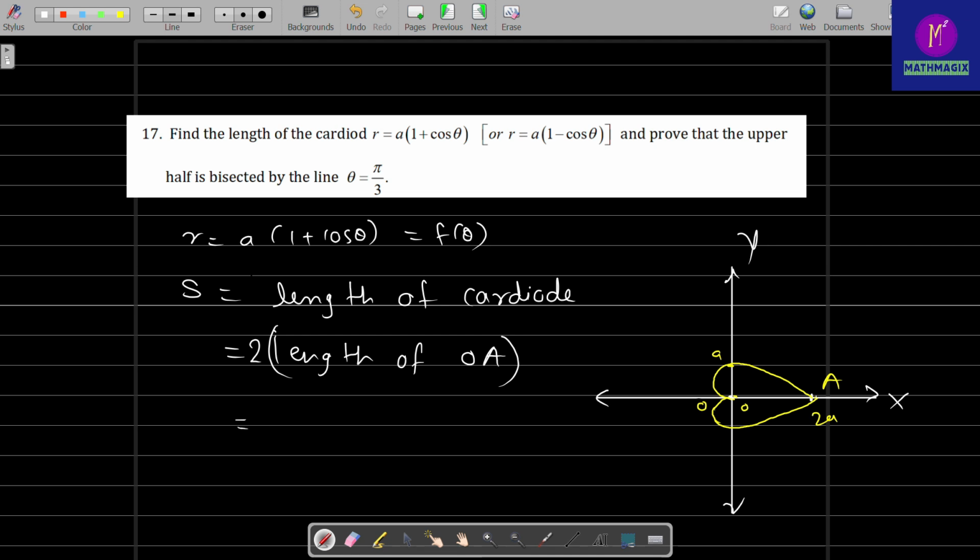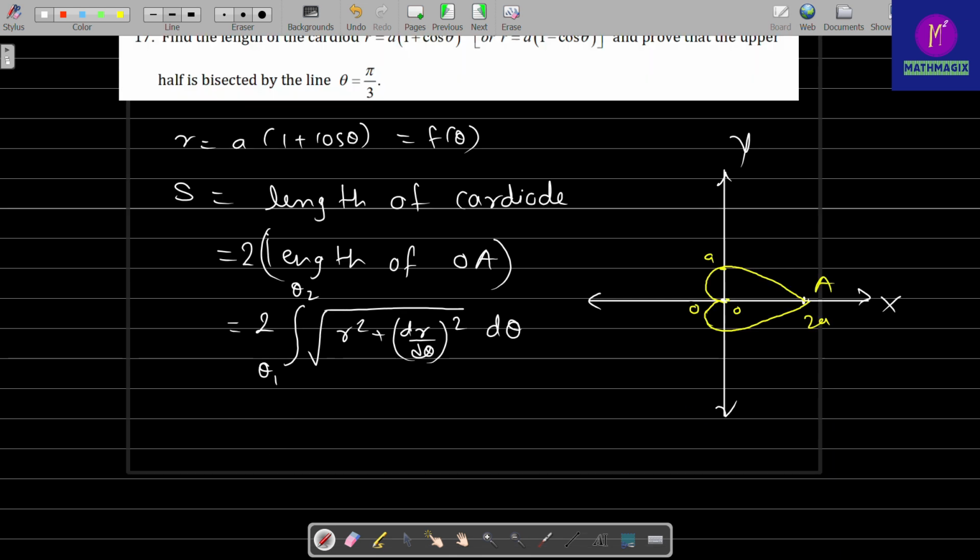Here, as r is a function of theta, we will use the formula of rectification in which the dr by d theta term is there, because here it is easy to take the derivative of r with respect to theta. So integration square root of r square plus (dr by d theta) the whole square d theta, and here we are going to write down the limits of theta 1 and theta 2.